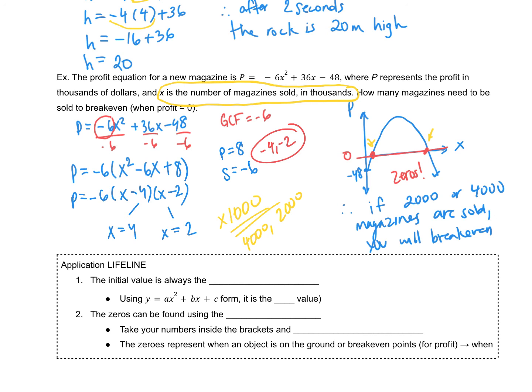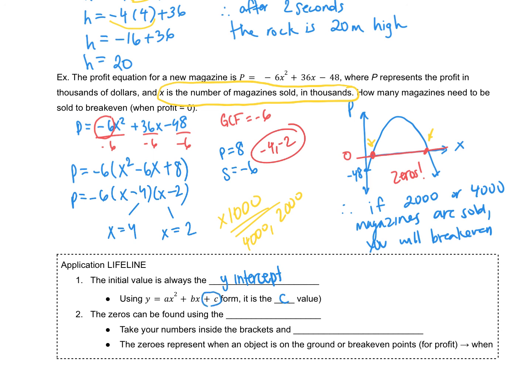And that's it. So here's a little application lifeline as a little guide for you. The initial value, initial height, like the starting height on the bridge, the building, whatever, is always the y-intercept. It always comes from standard form, and it is the c value.